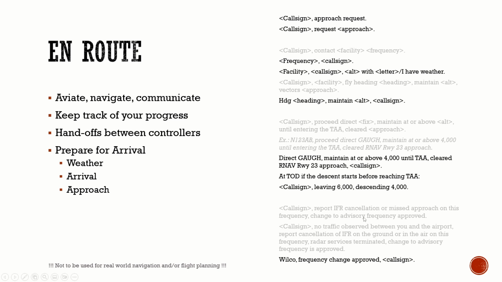So if you are approaching and you see that the weather is good enough and you don't risk running into clouds or anything, you know that you don't need to go missed and so on. And if you need to go missed, you can do a VFR go around instead. If the conditions are really good, then you can cancel IFR already in the air. And that will allow the controller to actually clear other aircraft for the approach.